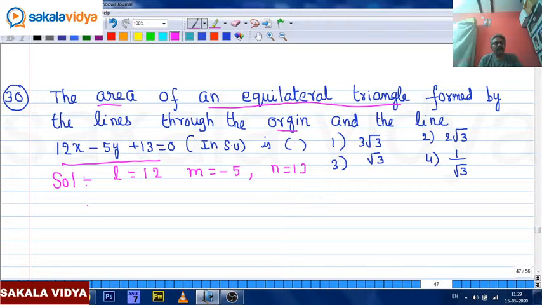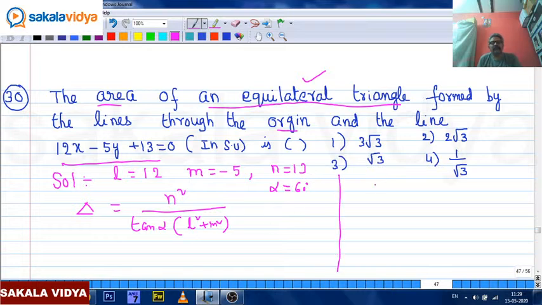So formula, delta is equal to N square by tan alpha into L square plus M square. It is an equilateral triangle, so here alpha is equal to 60 degrees.